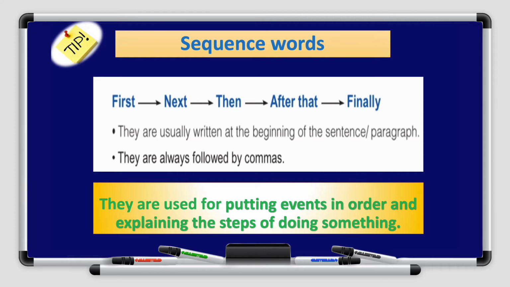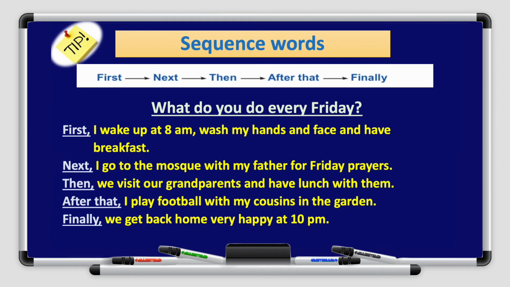All these sequence words are usually written at the beginning of the sentence or paragraph, and they are always followed by commas. Let's discuss some examples. What do you do every Friday? First, I wake up at 8 a.m., wash my hands and face, and have breakfast.